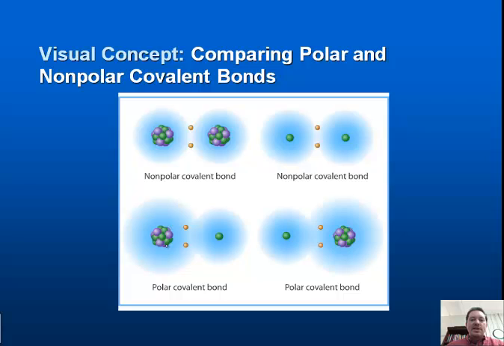However, if we had, say, chlorine bonded to a hydrogen atom, these electrons that are being shared are going to be attracted more towards the larger of the molecules. So this big bad chlorine wants those electrons more than hydrogen does, or is able to pull. Think of chlorine as kind of the bully here.